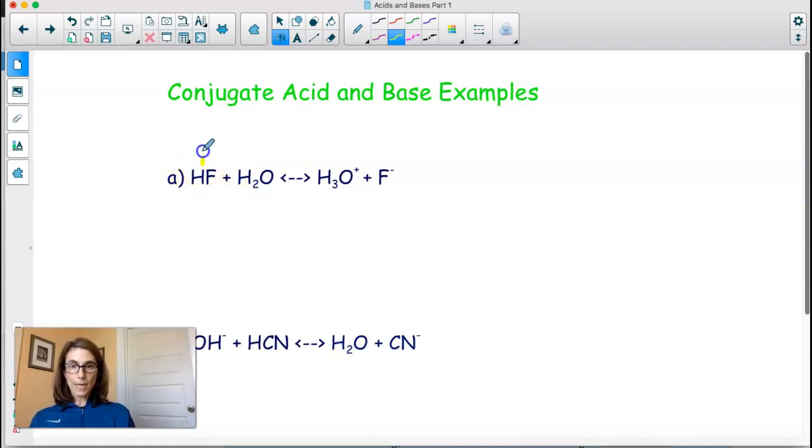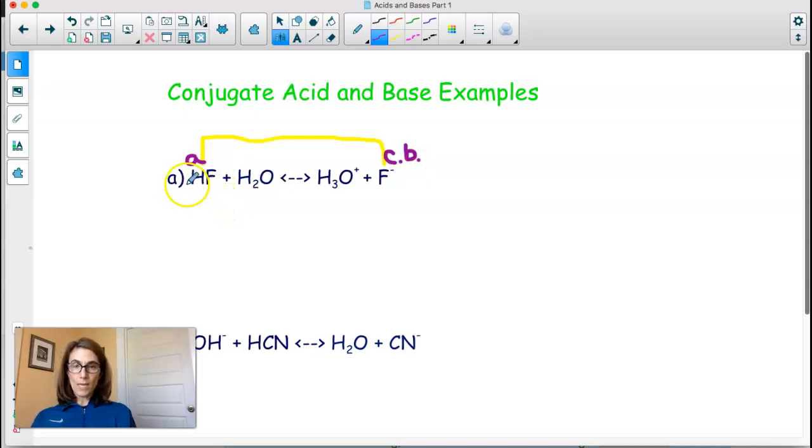So if you look at the other side of the reaction, right, we go from HF to F minus. So HF did in fact donate a proton, right? It lost a proton to go from HF to F minus. So that's your acid, and F minus is the conjugate base that goes with it.